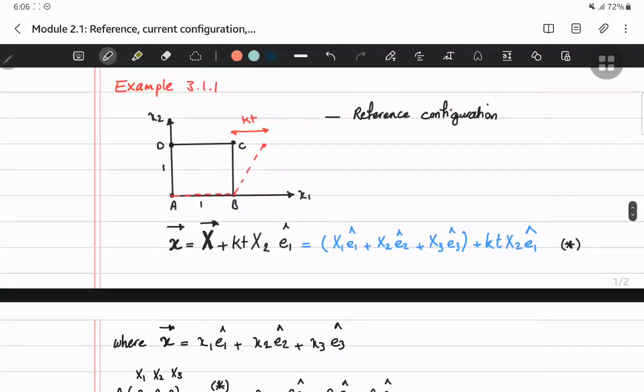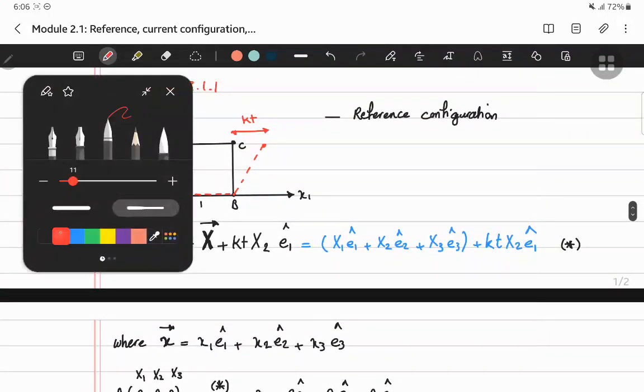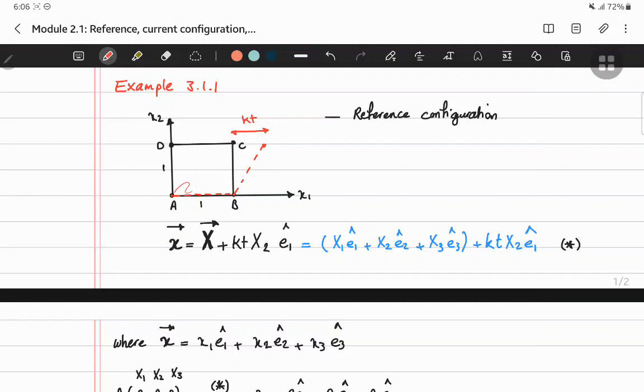All right, so we have it here. So this is changing with kt, and it is changing in this direction.